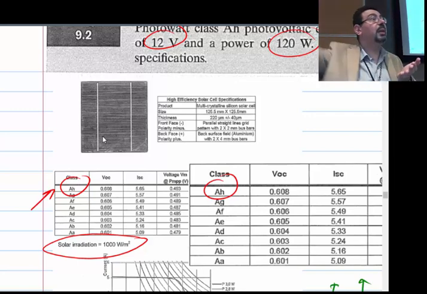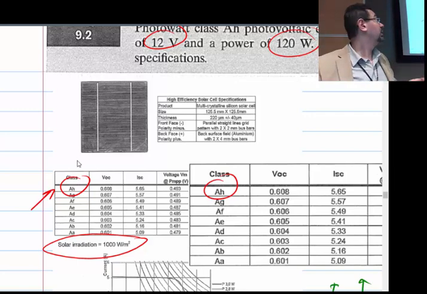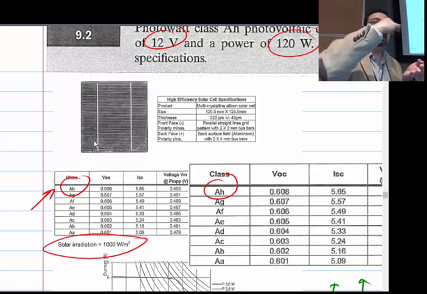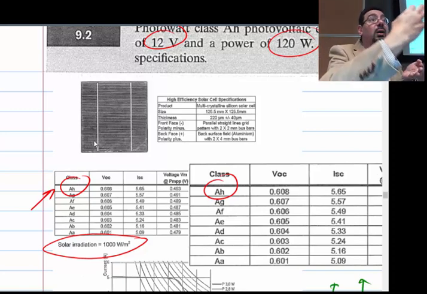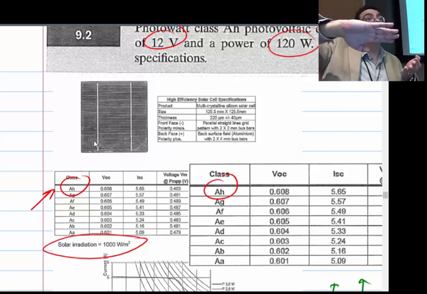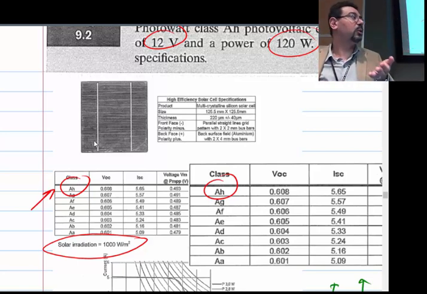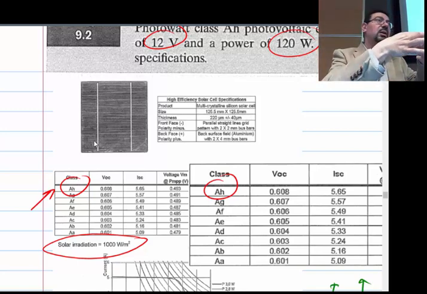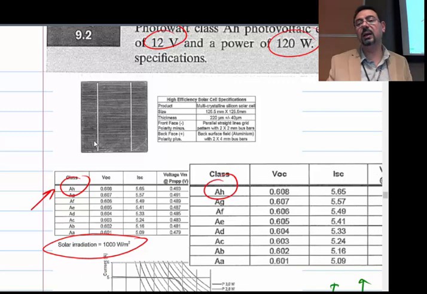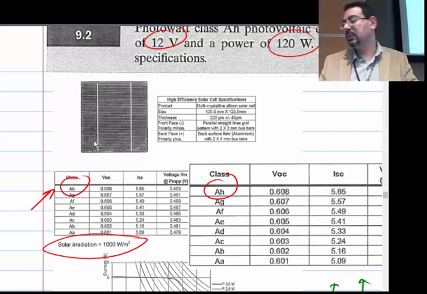To connect them in series, those wires need to collect the electrons and send them to the bottom of the next one. So the wire goes from the top to the bottom, from the top to the bottom, because each one of those slices is positive and negative.